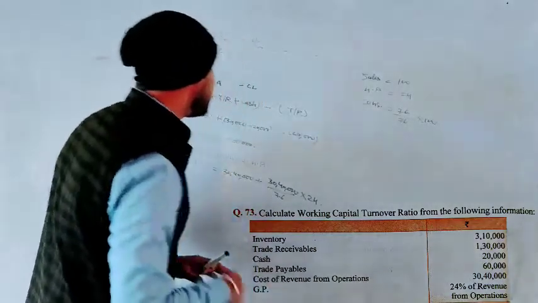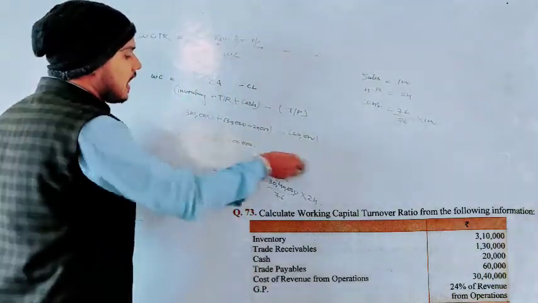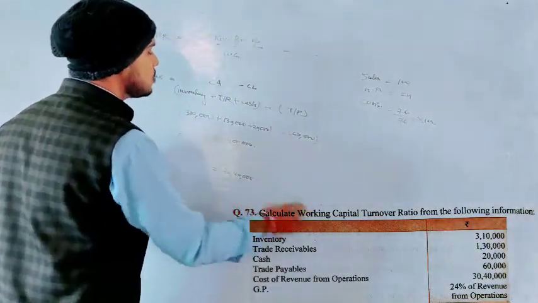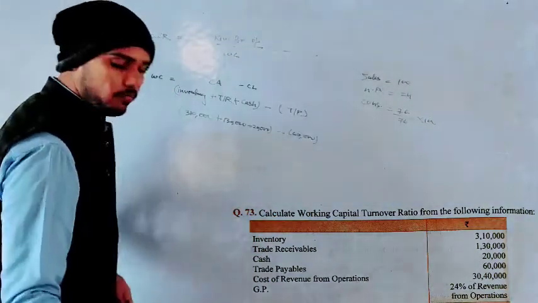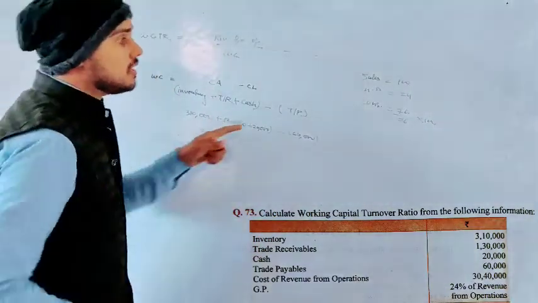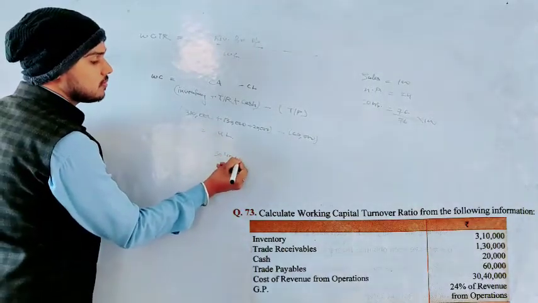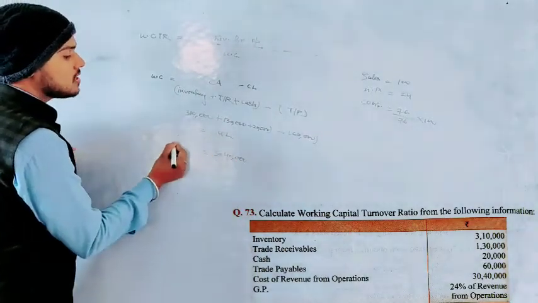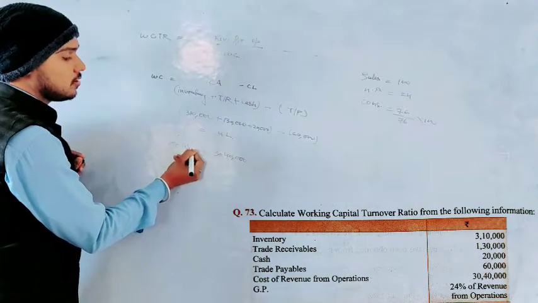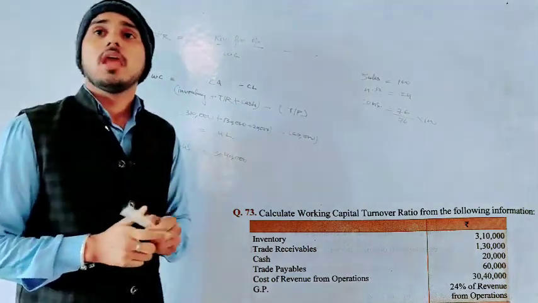The other way is the same thing. We know that our cost of goods sold is 30 lakh 40,000. Sorry, this is cost of goods sold, right? Okay.